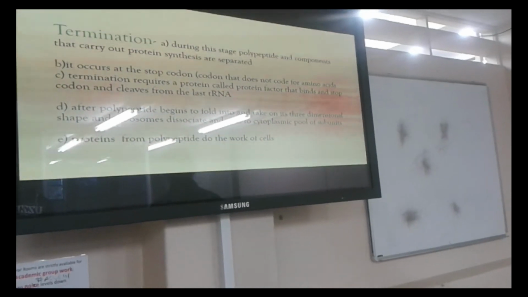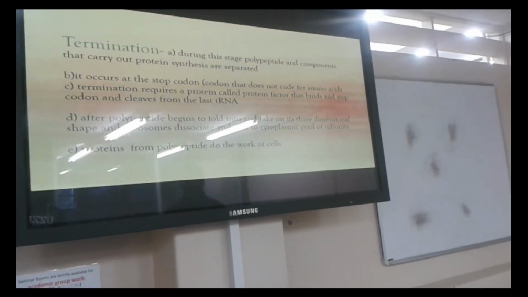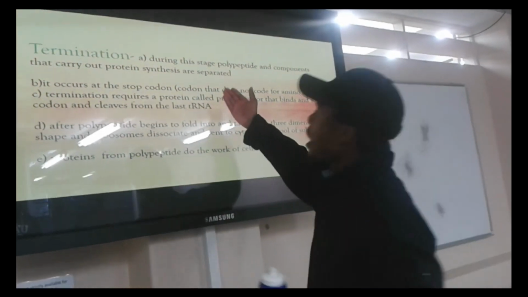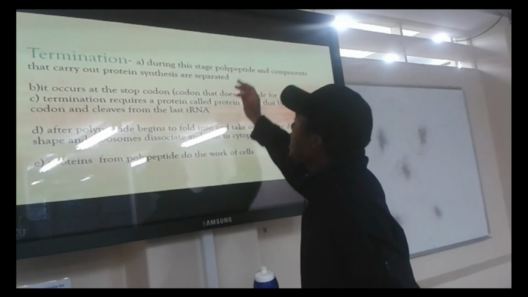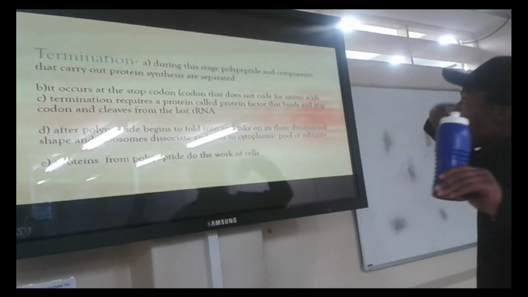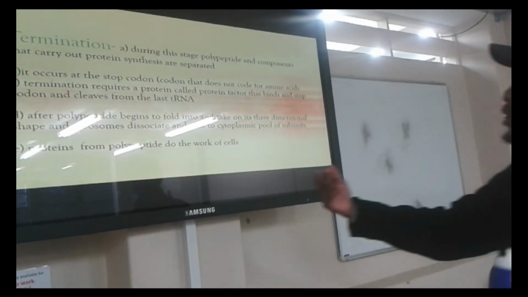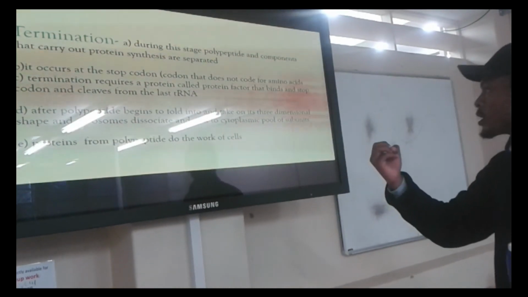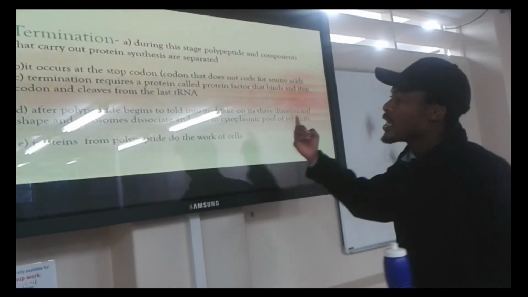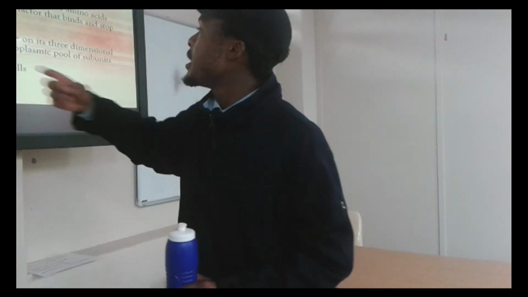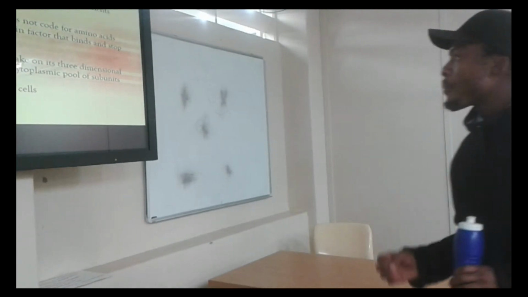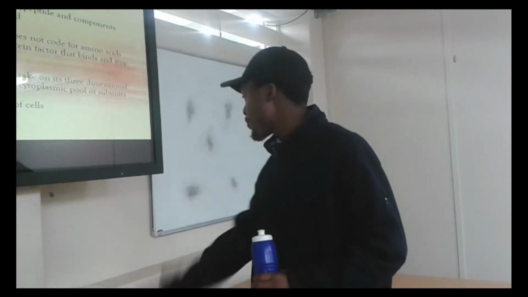After this process, after the stop sign, after the components have gone separate ways, the polypeptides are formed. Now the polypeptide begins to fold and takes its own three-dimensional shape, and the ribosomes dissociate and go to the cytoplasmic pool of subunits.